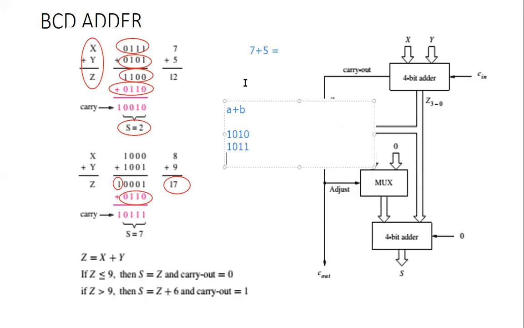Now if you add these, let me add from here. 0 plus 1 is 1. Next, 1 plus 1 is 0 with a carry, so I'll get a 1 over here. And what is 1 plus 1? 1 plus 1 is 1 0, so I got a carry. This is the sum of adding A plus B.